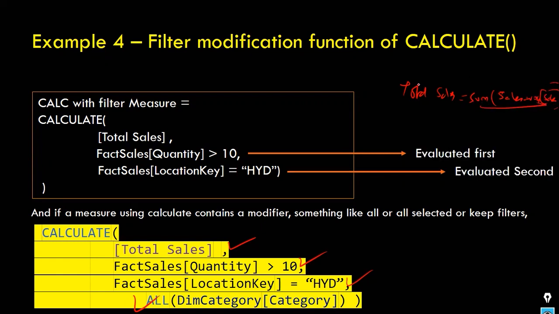This value is already stored in my measure called total sales. Instead of doing the sum again and again, I just reuse the total sales measure. Even in this measure, we have used the expression, the sum function.